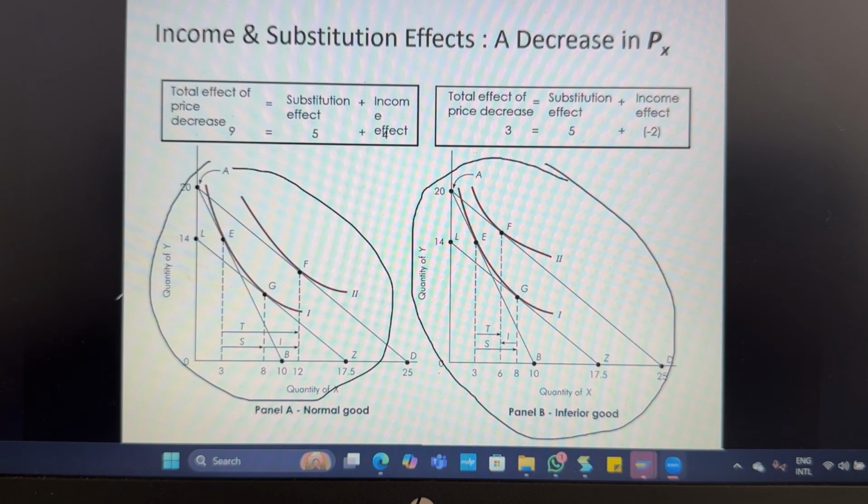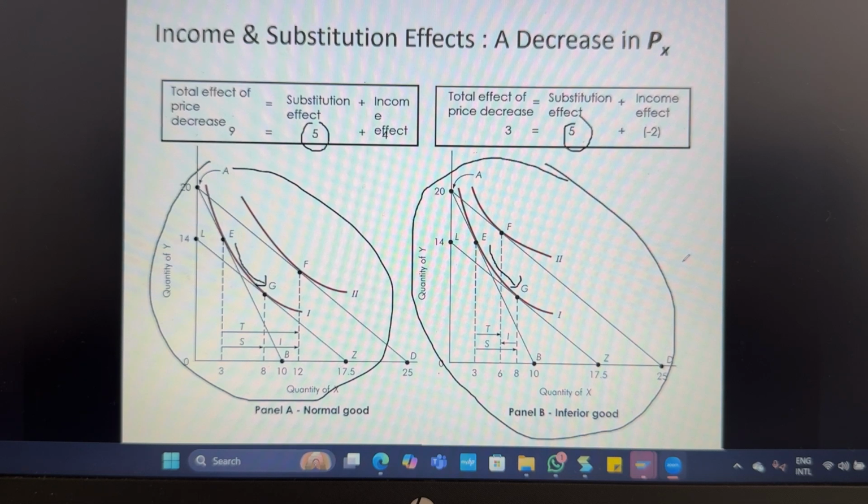So whether normal goods or inferior goods, irrespective of the type of good, what can you say about the substitution effect? Positive. The substitution effect, whatever the commodity, is positive.